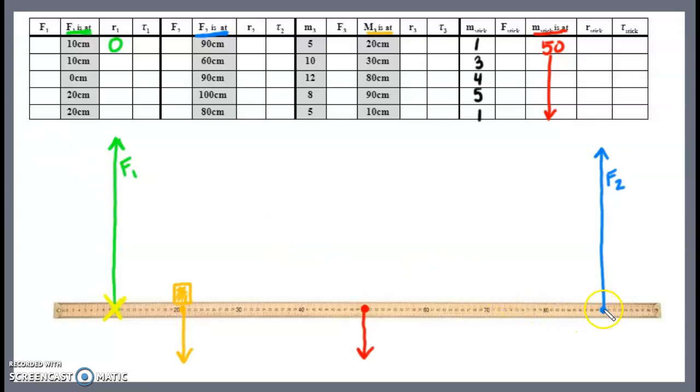F2 is located way over here at 90. We're starting at 10. So F2 is located 10, 20, 30, 40, 50, 60, 70, 80 centimeters away. Then we have F3. It's at 20, so it is located 10 centimeters away. And finally, the mass of the meter stick acting at 50 centimeters, 10, 20, 30, 40, it is 40 centimeters away.